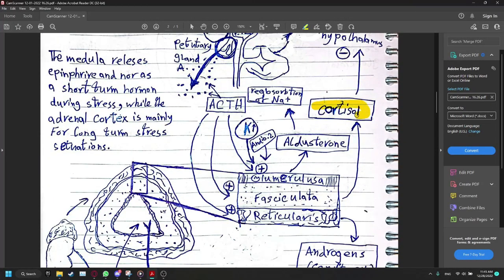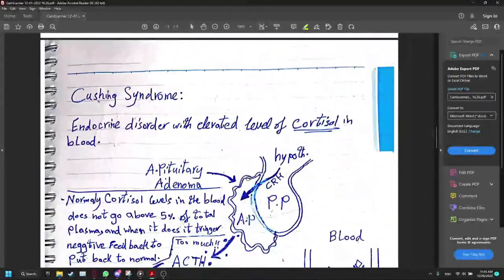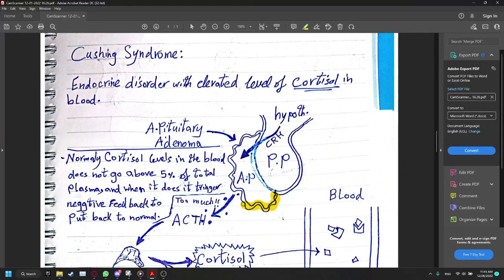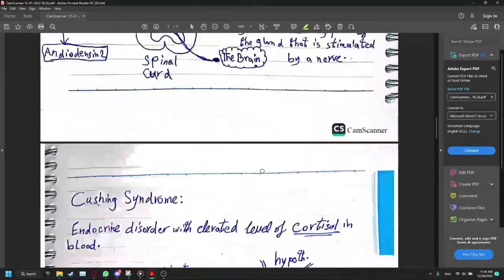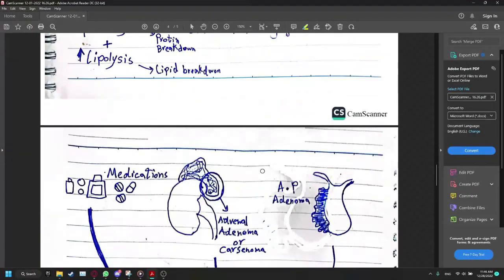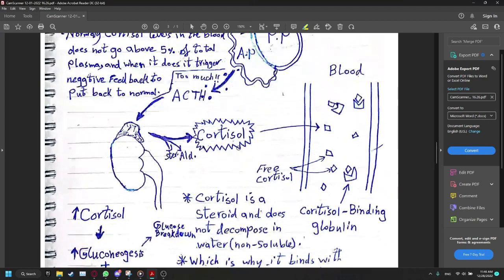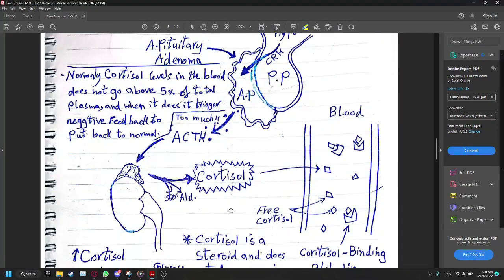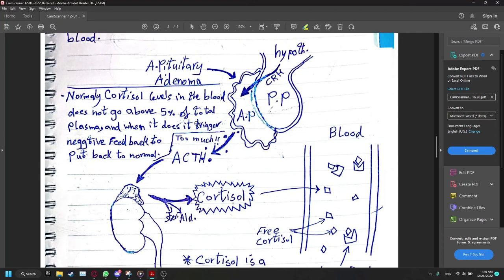It could be an adenoma or even a carcinoma in your anterior pituitary gland, or a dysfunction in the hypothalamus that produces too much CRH, or an adenoma or carcinoma in the adrenal gland itself that produces too much cortisol. That's the main idea here.